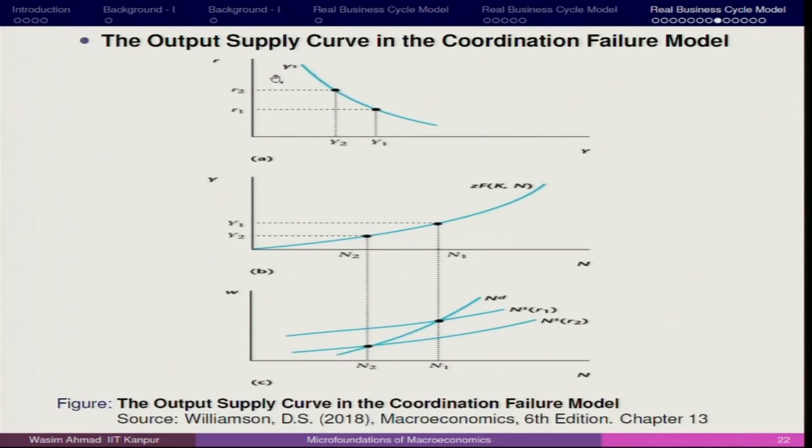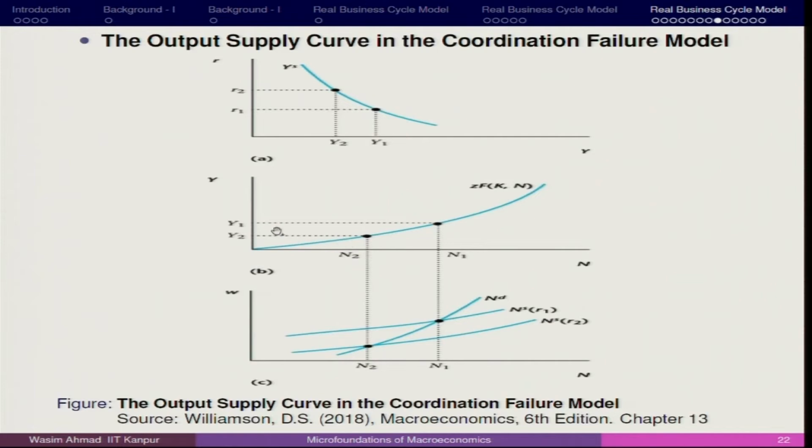So, if we think about it in the coordination setup, in the macroeconomic scenario, if the rate of interest is higher, it can be linked with further distortion in your output.